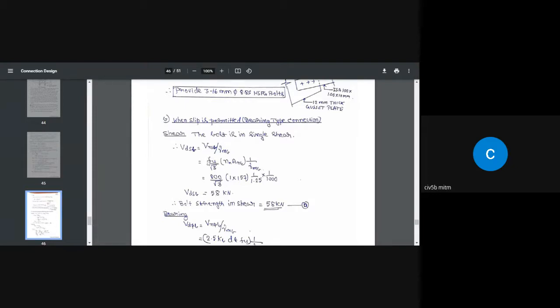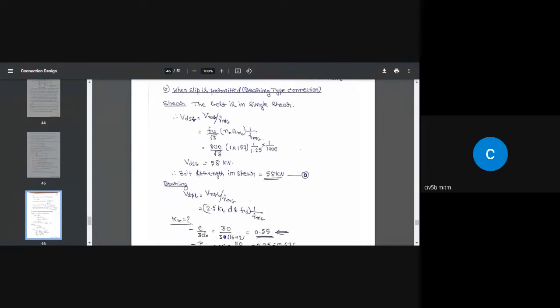That is the ultimate tensile strength of the bolt, fub, which is 800 Newton per millimeter square. We are using an 8.8 grade bolt. As a result, we got Vdsb equal to 58 kilonewton. Therefore, the bolt strength in shear is 58 kilonewton.